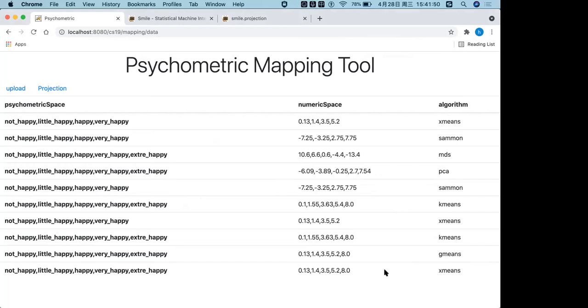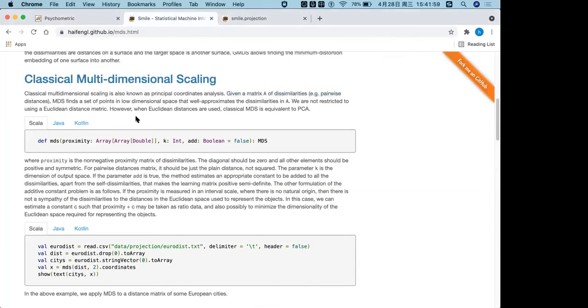Which MDS algorithm did you use? The classical. What is classical? There's no such thing as a classical MDS algorithm. Which one is it? We use the Euclidean distance matrix.